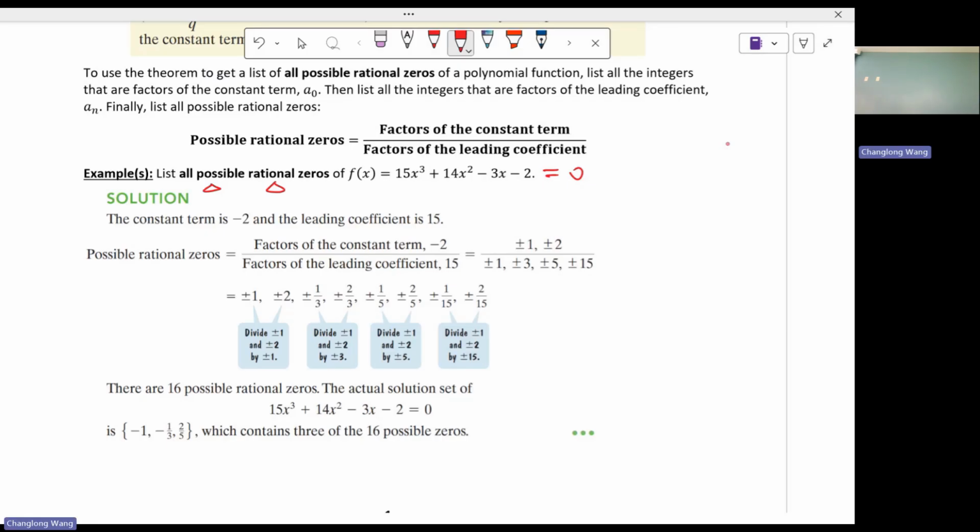The factors for the numerator, you have 4 possibilities, right? The denominators, you have 8 possibilities. You need to divide every single possible factor on the numerator by every single factor on the denominator to form a possible rational zero.